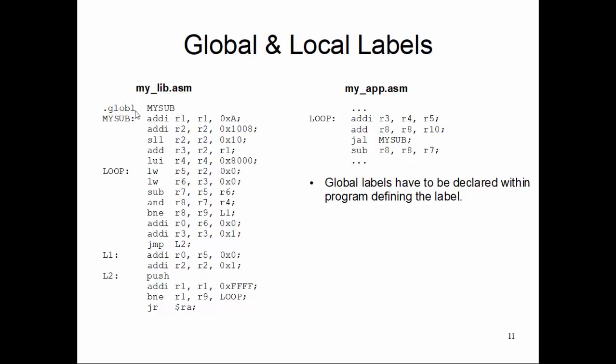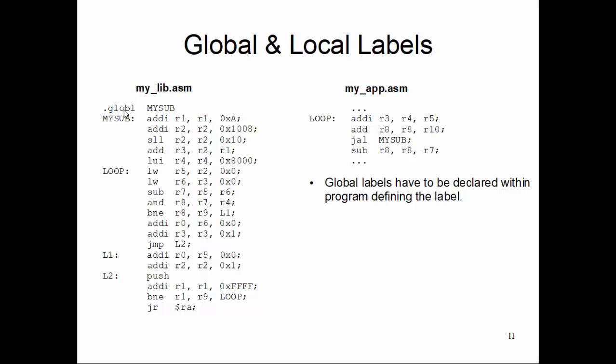Assembly has this weird way of acronyming and shortening names. So we call it dot globl, a kind of global declaration. What I'm saying here is that we are declaring my sub as global level.